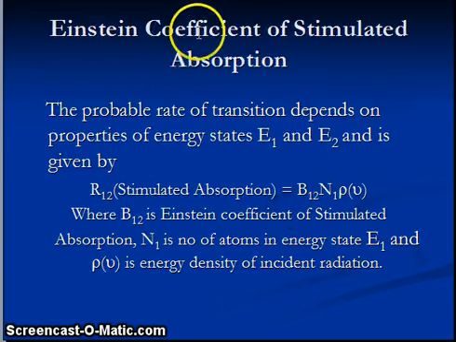Another is the Einstein coefficient of stimulated absorption. The probable rate of transition depends on the properties of energy states E1 and E2, and the probability is given by R12 stimulated absorption, equal to B12 N1 rho nu.